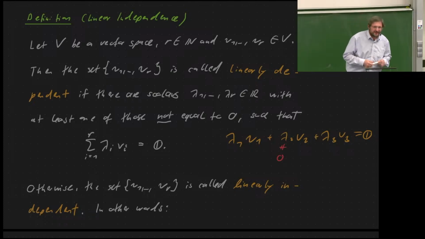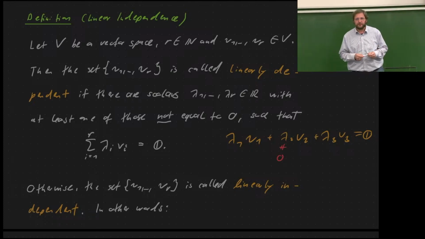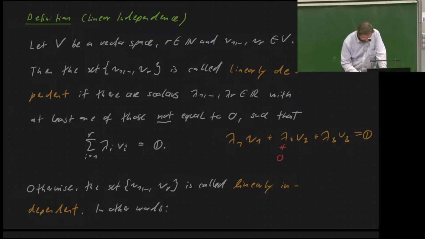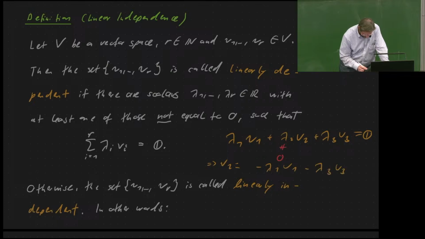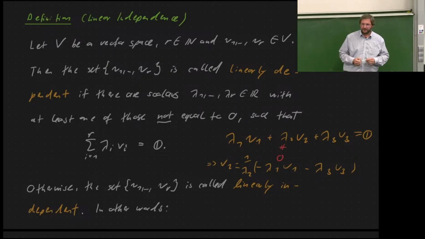Then that means we can solve this whole thing for v2. Right? So if that's the case, then v2 must be, well, let's take those on the right-hand side, minus lambda 1 v1 minus lambda 3 v3. And then we have to divide by lambda 2, and that's why we want it to not be 0.